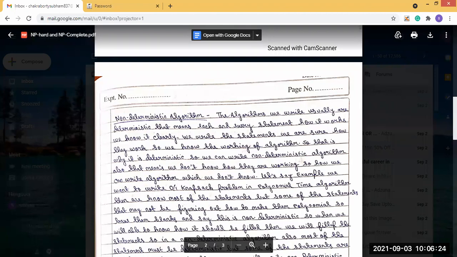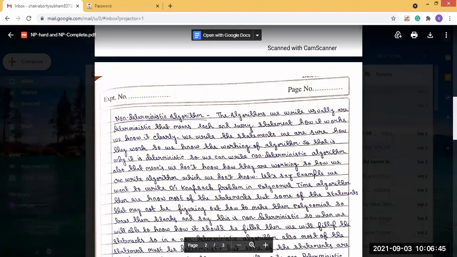So when we are able to know how it should be filled, then we will fill the statement. Let's say we are writing the algorithm for 0-1 knapsack in polynomial time. Most of the statements we already know, but for some statements, what they will be for polynomial time, we do not know.